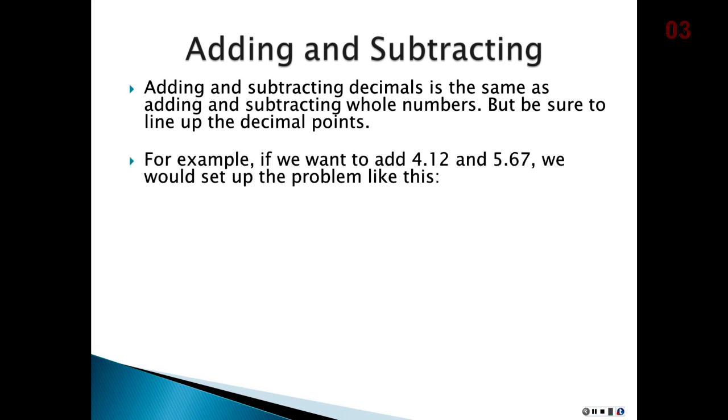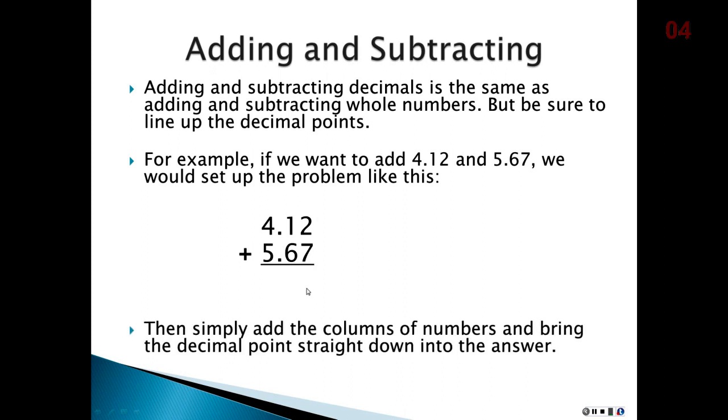For example, if you have 4 and 12 hundredths, and you have 5 and 67 hundredths, you would line them up like this, buttons on a shirt. Line those decimals up. And then if our operation is addition, we start at the far right column. So what am I going to have in this right column here? A 9, and then what? A 7, and then bring down your decimal.